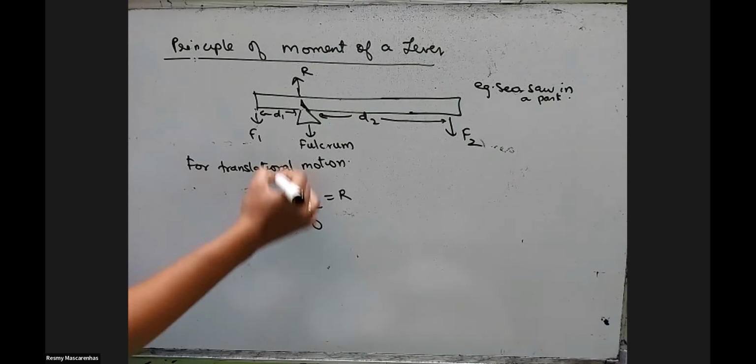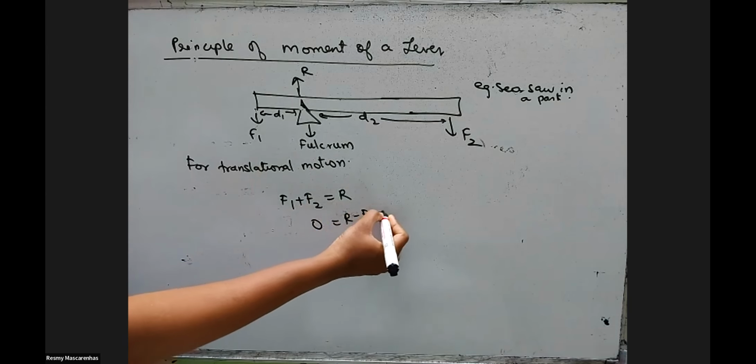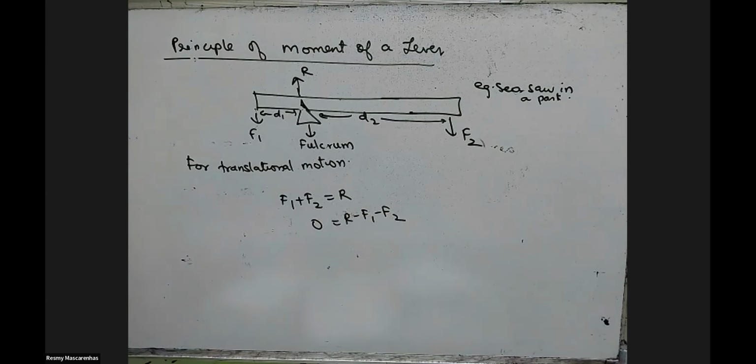If you take it to the other side, R minus F1 minus F2 should be equal to 0. This is for translational motion.